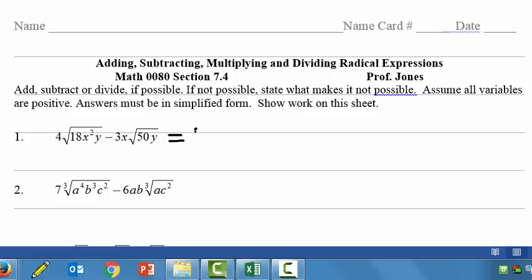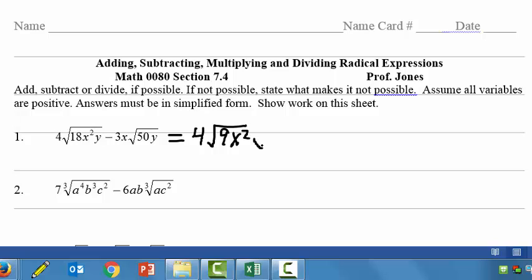So the only way we know whether or not we can subtract is when we look at these in their simplest form. So we're going to simplify these radicals. The largest perfect square factor in 18x squared y is 9x squared.